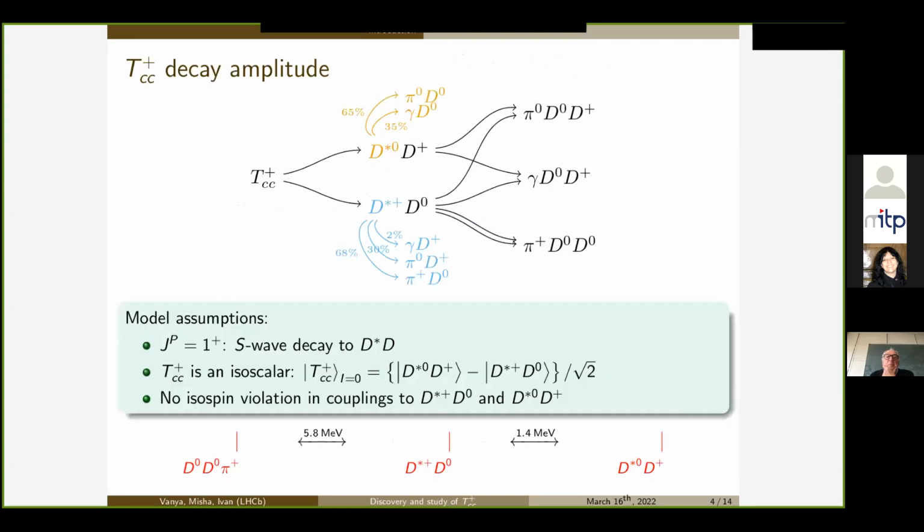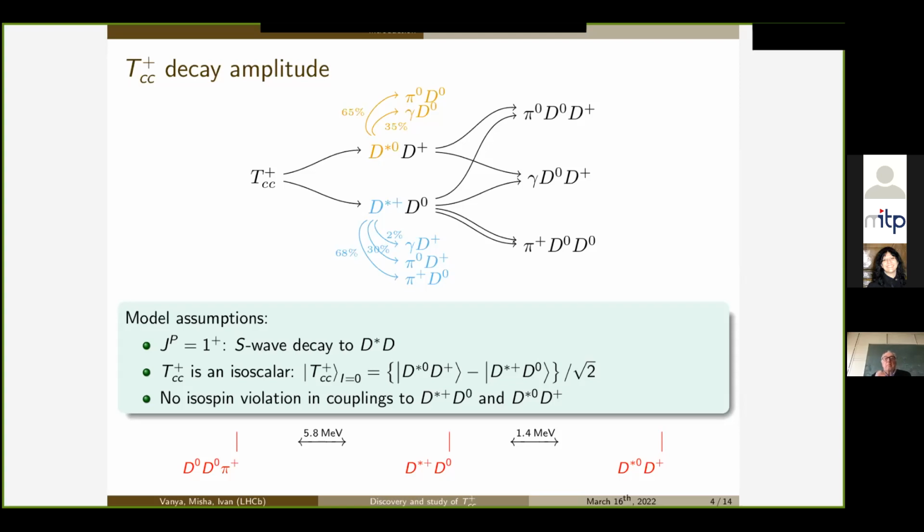So we started to construct the following model, where firstly we assume that the peak we see is the WD-CHARM teta quark, and it's the ground state. Therefore, as expected from the theory, it should have quantum numbers 1 plus. And then we assume that it's decaying to D D star combinations, and then the D stars decay to D pi or D gamma.